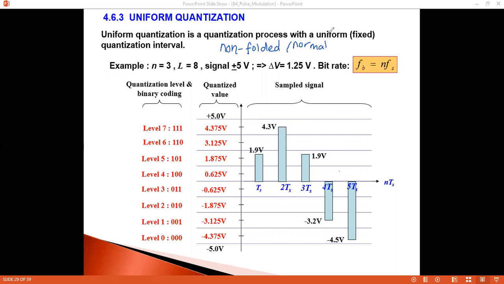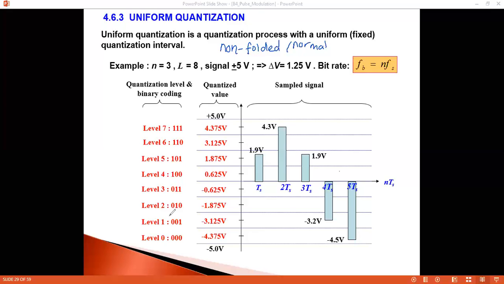Okay, if you look at this example, again we just use the same values for our parameters: n equal to 3, L equal to 8, signal V peak to peak 10 volt, and delta V is 1.25 volt. We have 8 levels starting from level 0 to level 7.